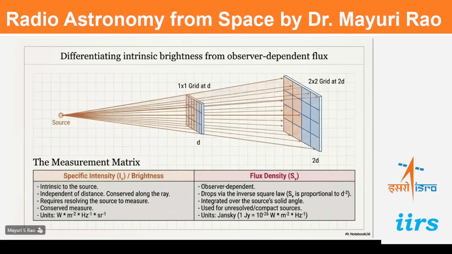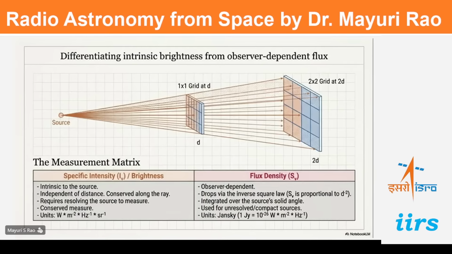And unlike brightness, flux density is something that goes as 1 over distance square from the source. So the farther and farther you go away from a source of radiation, the weaker the flux density becomes.